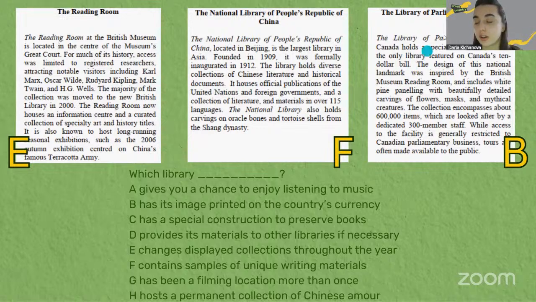And let's check what we have. It holds a special distinction as it is the only library featured on Canada's $10 bill. So there we can understand that the image of this library is printed on the currency. Okay, absolutely right.